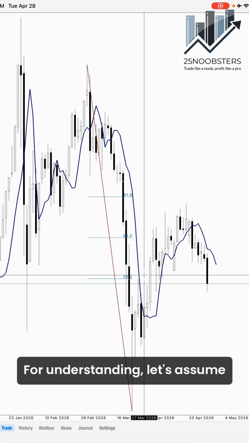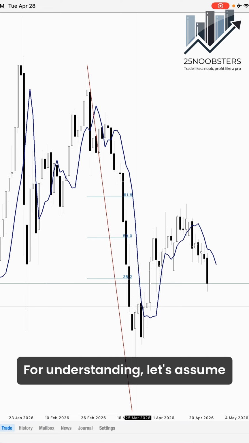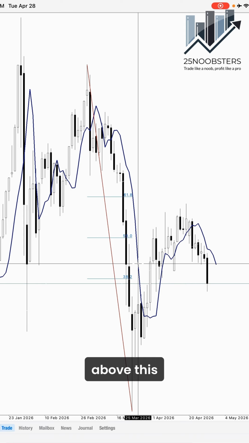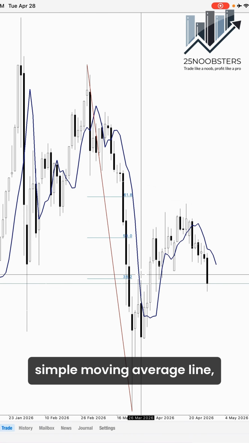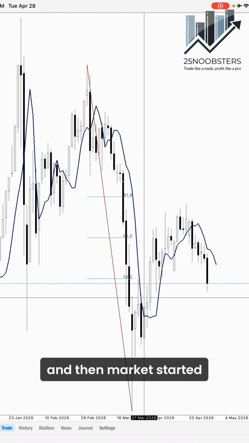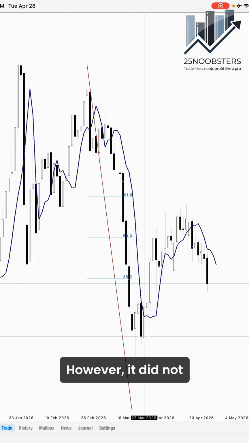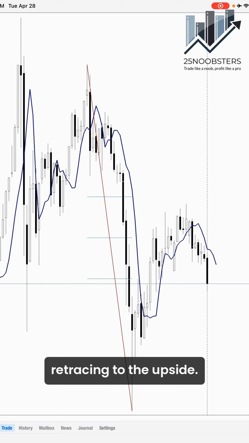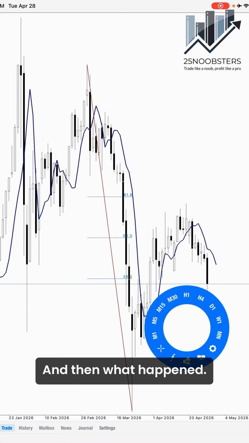For understanding, let's assume that this March 25th candle was closed above this simple moving average line, and then the market started going to the downside. However, it did not continue to the downside. Again, it started retracing to the upside, and then what happened?